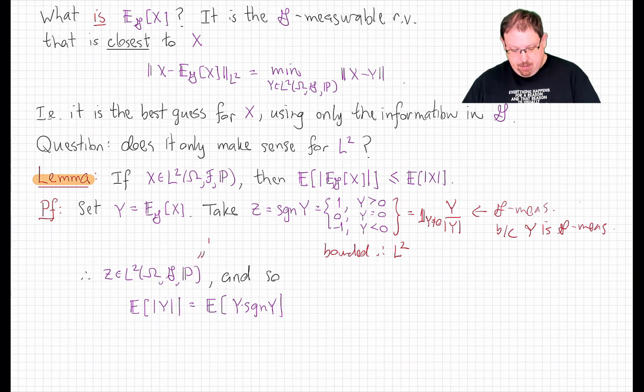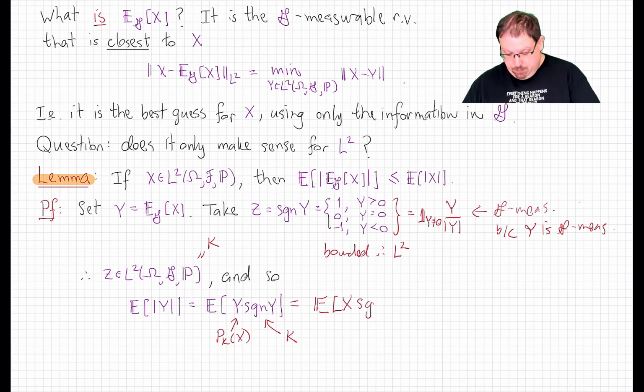In other words, if we let this L2 space of G be K, Y is the orthogonal projection of X into K, and we just established that this signum function is in K. And so we have that key property of conditional expectation, orthogonal projection, that the inner product of these two functions is going to be the same as the inner product of just X with that function which is in K.